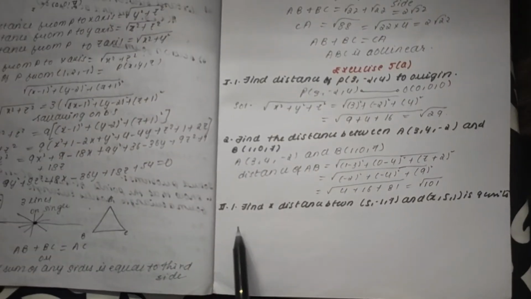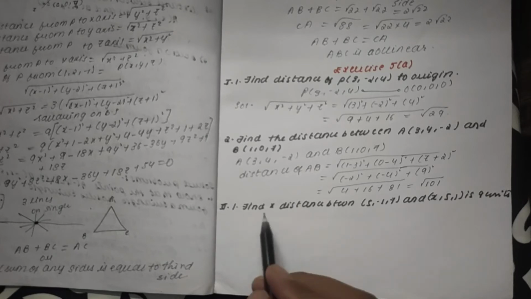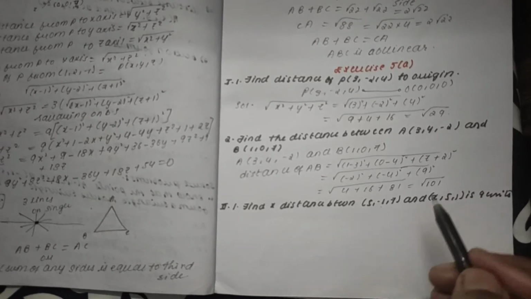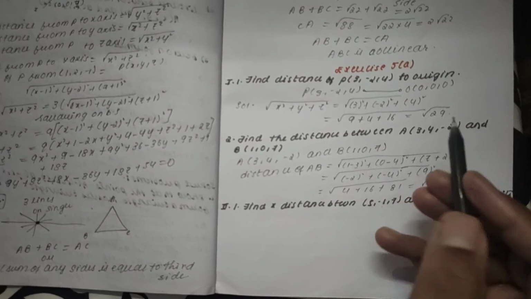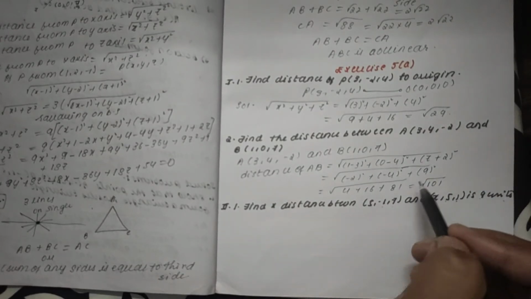In the second Roman first sum, it is given: find x, the distance between (5, -1, 7) and (x, 5, 1) is 9 units. In the before sum, he had given 2 points and asked us to find the distance between them.